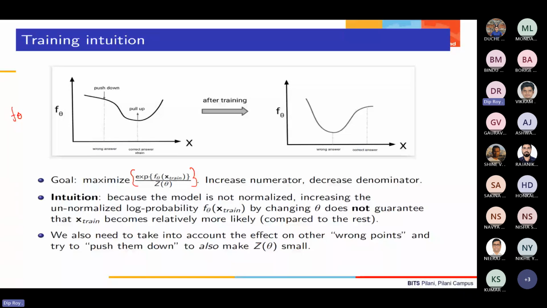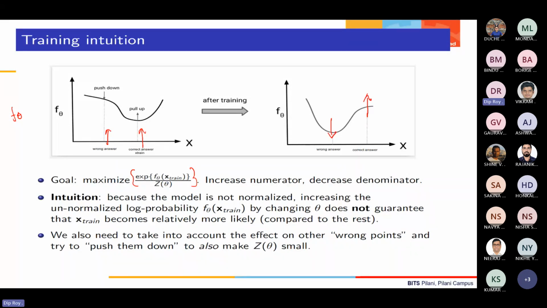So what it is trying to say here is that you have this particular point which is correct, and this particular point which is wrong. You want to increase the probability of this particular point. So to do that, somehow you have to do something to decrease the probability of the wrong point.